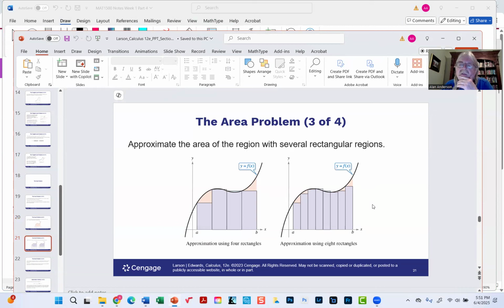Here's what we could do to at least approximate it. We could create a series of rectangles and use the areas of those rectangles to approximate the area under the curve. You can see in the first case, the results are not terribly accurate because the rectangles are very wide.